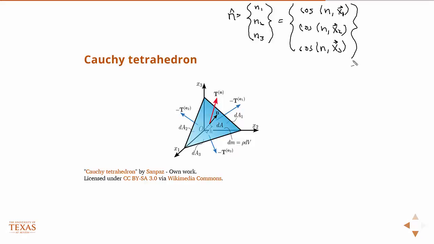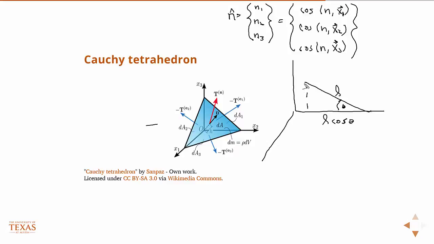And then also just geometry. This may seem complicated, but we're not using anything but geometry and F equals ma. From geometry, if you had this guy with some angle theta and length L, its projection down onto this axis is L cosine theta. That actually holds for areas as well.